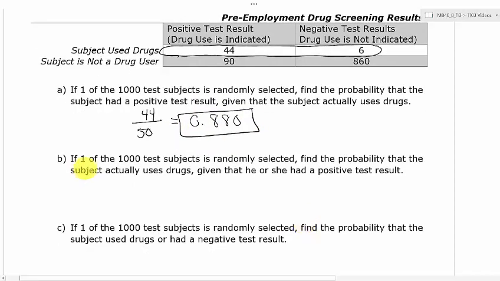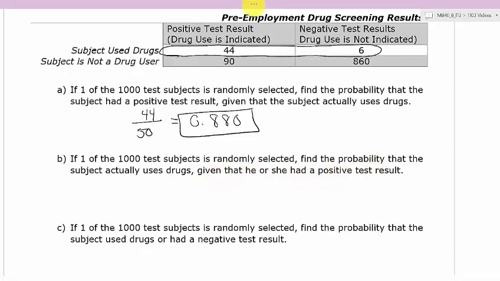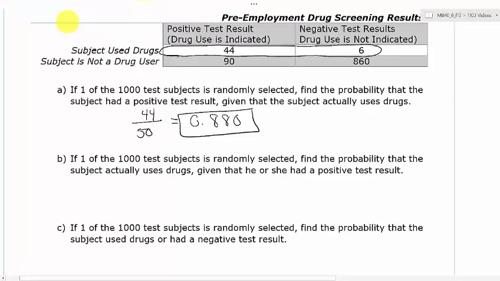Example B, if one of the 1,000 test subjects is randomly selected, find the probability that the subject actually uses drugs, given that he or she had a positive test result. So now this time, we know ahead of time that our test subject has tested positive. So we only now want to look at these two numbers, 44 and 90, to compute our probability.